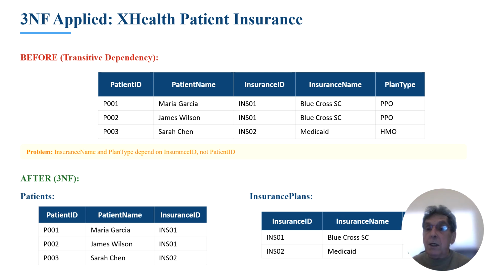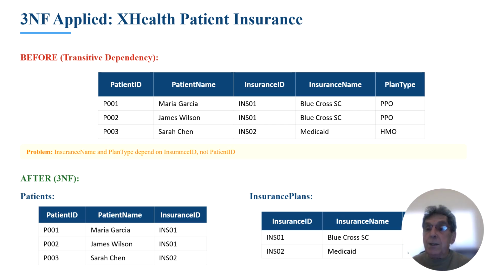Look at the redundancy. Blue Cross South Carolina and PPO appear twice because patients P001 and P002 share the same insurance plan. But if Blue Cross changes its name, maybe after a merger, you have to update multiple patient records. That's an update anomaly caused by the transitive dependency. The solution?